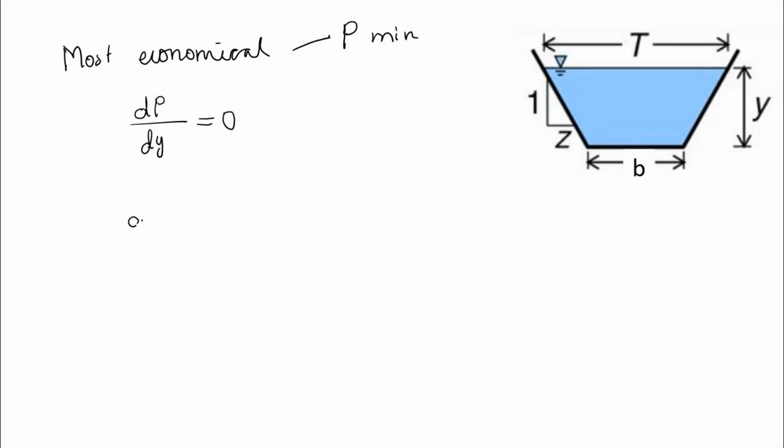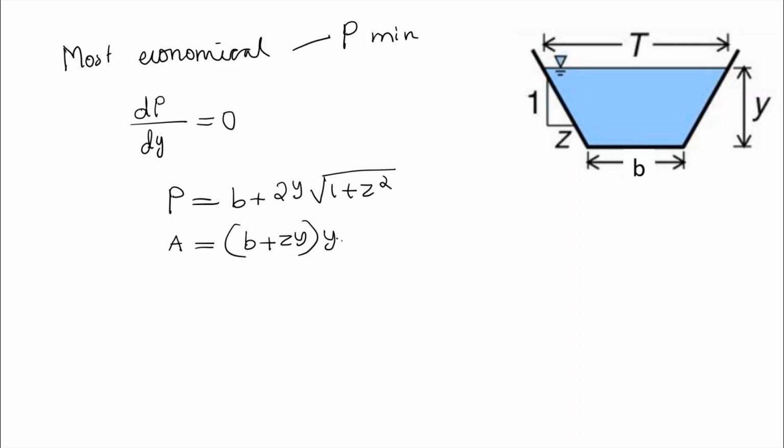We have P is equal to b plus 2y in the root of 1 plus z square, and we have area as b plus zy into y. So I am substituting the value of b from this equation number 1.